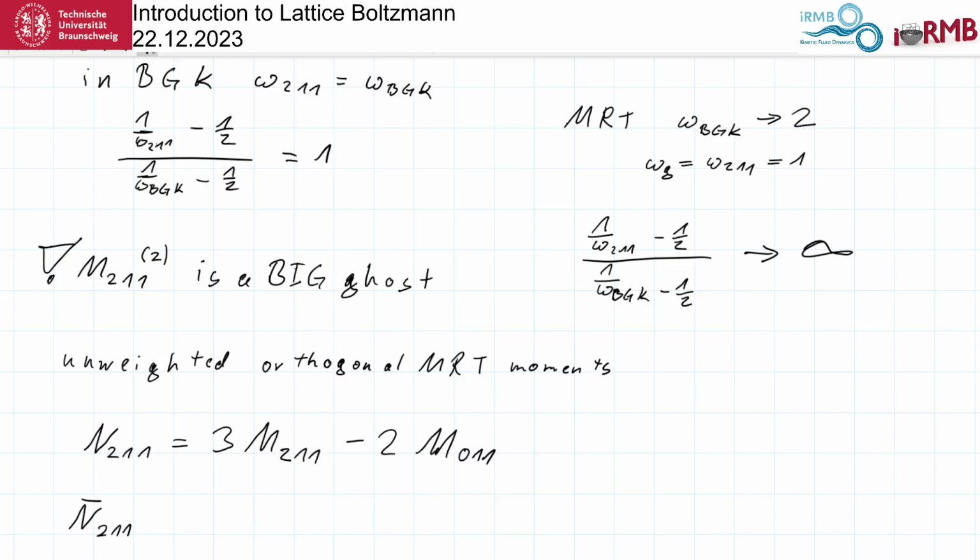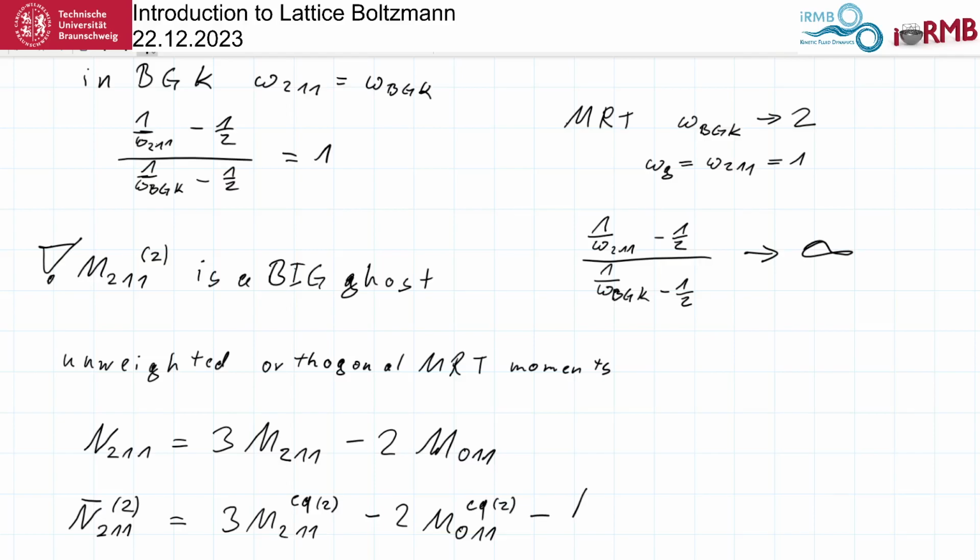So we look at the asymptotic expansion of this, again to second order. Here we have to put in the expansion of the moment M211 and the expansion of the moment M011. It looks like this. We have the equilibrium distribution first, so it's the equilibrium to second order minus 2 times M011 equilibrium to second order.